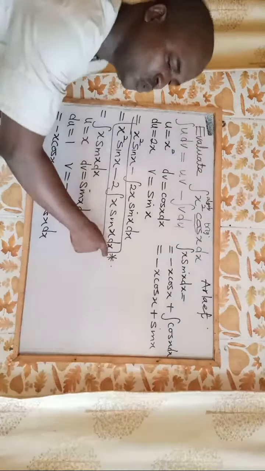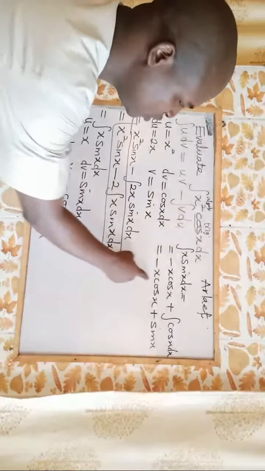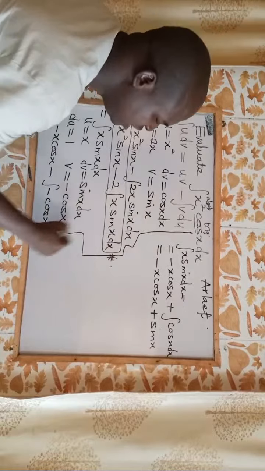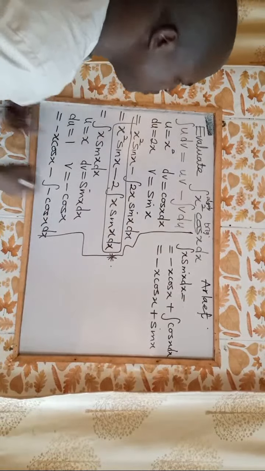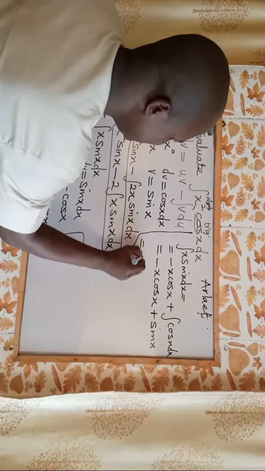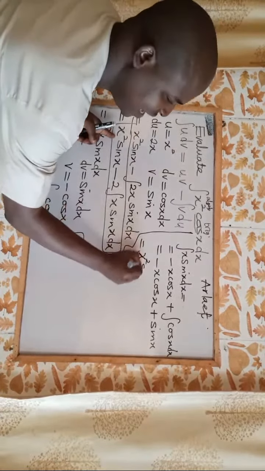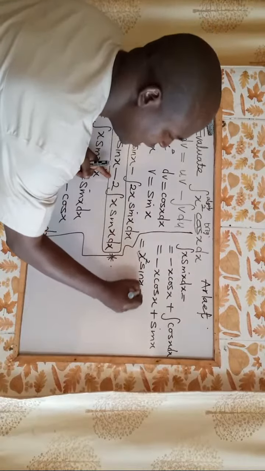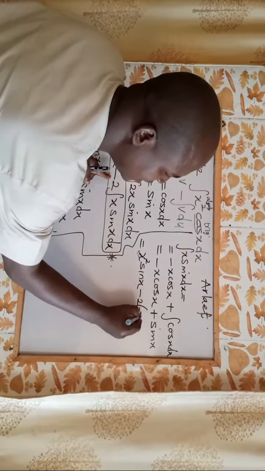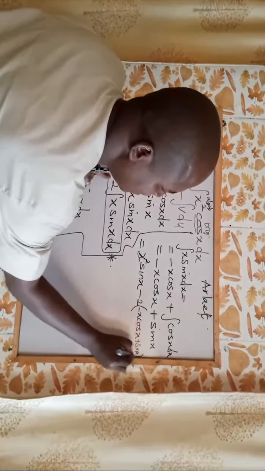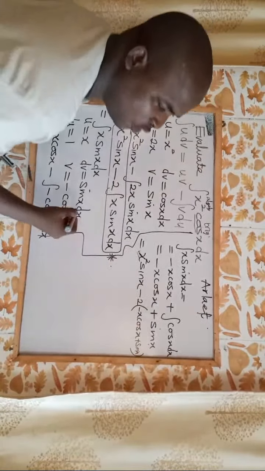We can now go back to equation asterisk and substitute the value into it. If you substitute, we are going to have x squared sine x minus 2 times minus x cos x plus sine x. Then we can open the bracket.